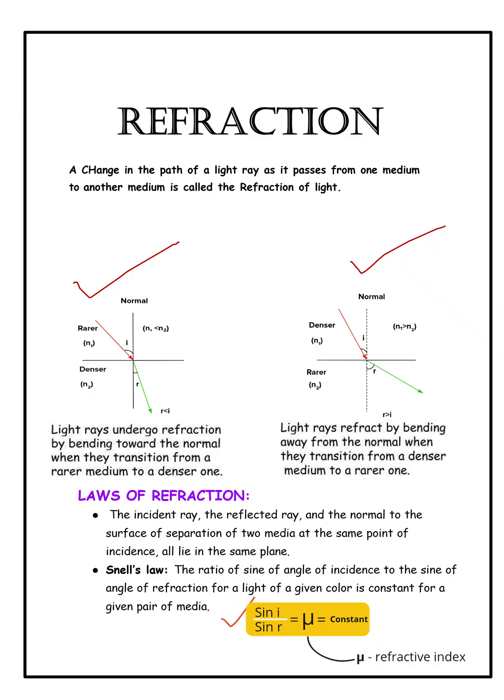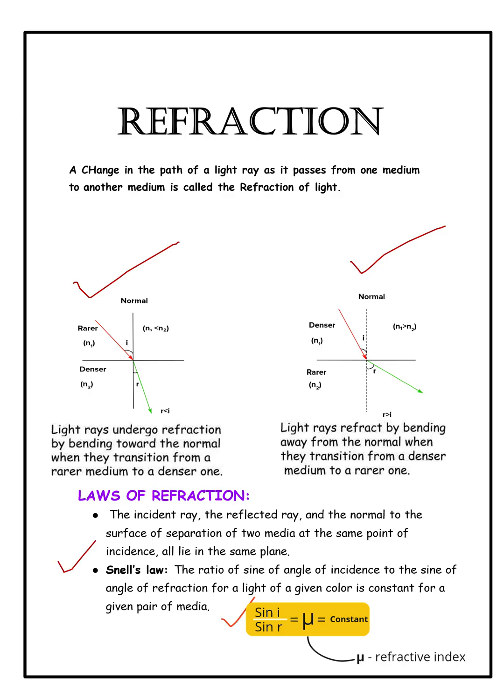Now the laws of refraction. As we have done the laws of reflection, this is very similar, but we can repeat it. The incident ray, the refracted ray, and the normal to the surface of separation of two media at the point of incidence all lie in the same plane.